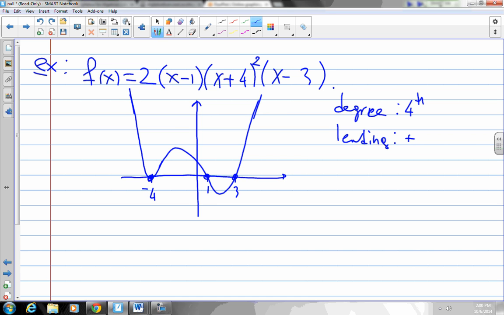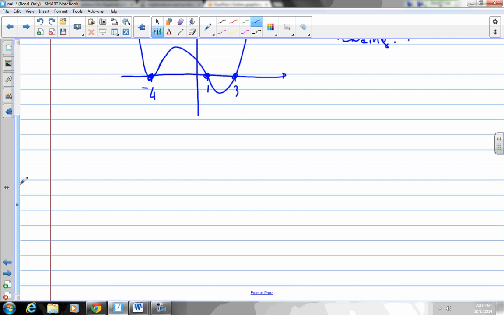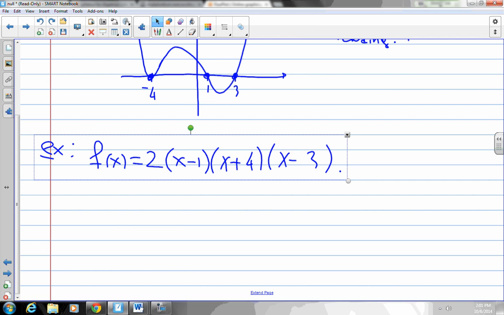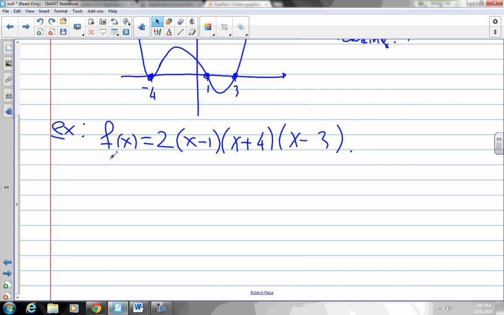Okay. Let's change this one more time. That one was power 4, that one was power 3, that one was power 5. So did that change the number of zeros or the number of x-intercepts?